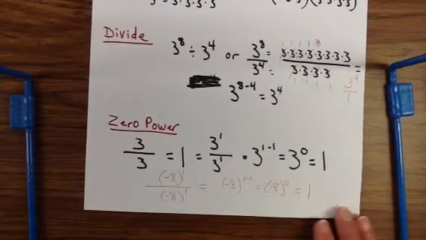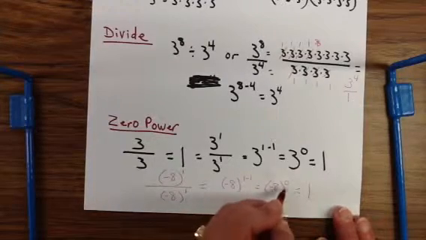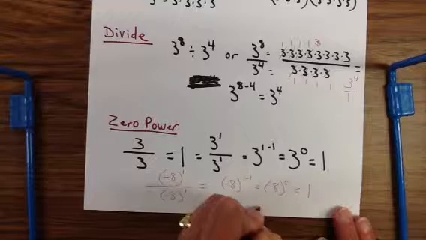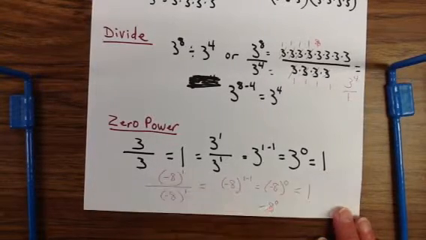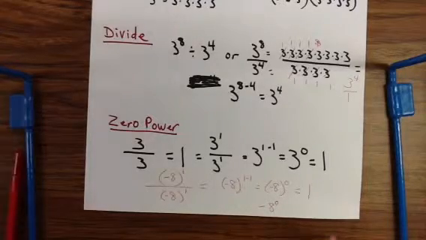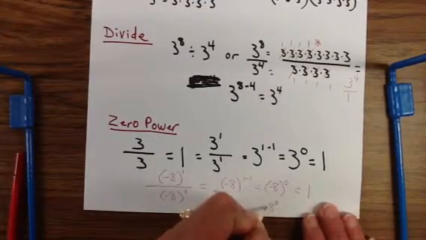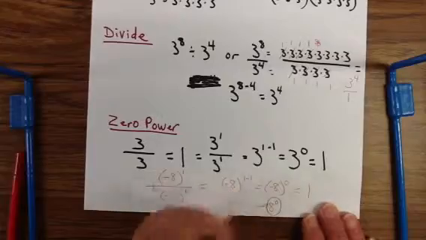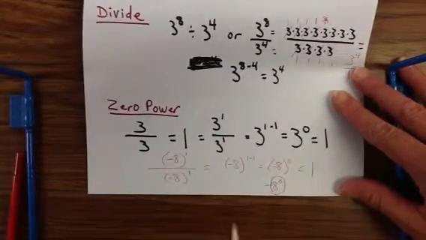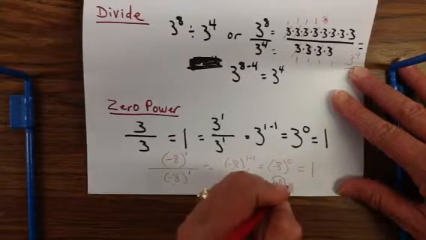Now, what if we did not have the parentheses? What if we had negative 8 to the 0 power like this with no parentheses? Well, then that 0 power is only applying to that 8, and it's going to keep that negative.